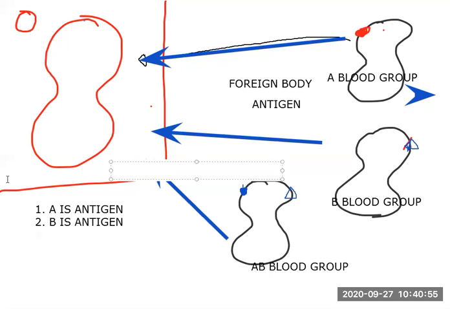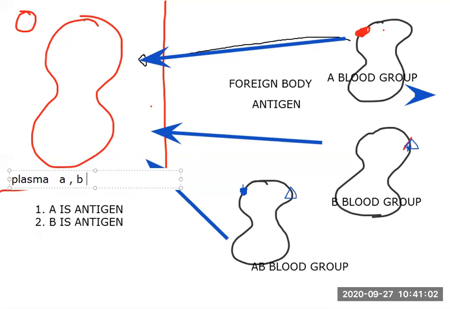If you inject it, he will try to produce A antibody and B antibody. Finally we can declare like this. This is a completely new concept, not like you learned earlier. Till now I used the word sugar polymer, now I am using the word antigen. So A and B both are antigens to this particular person, the O blood group person.